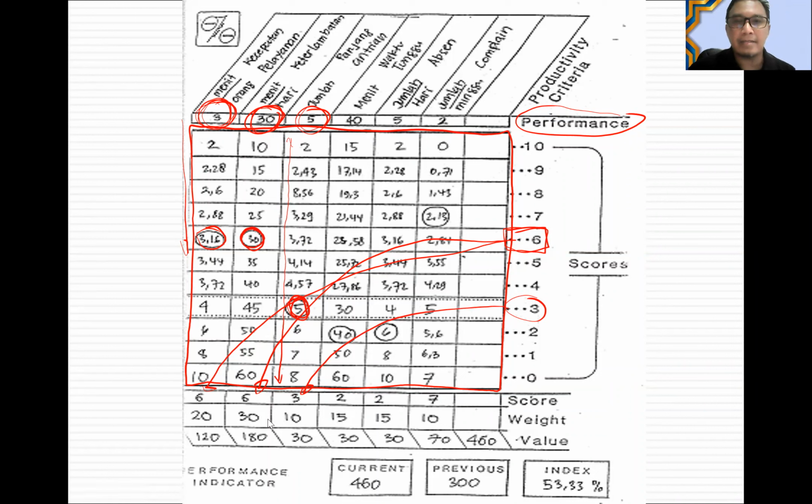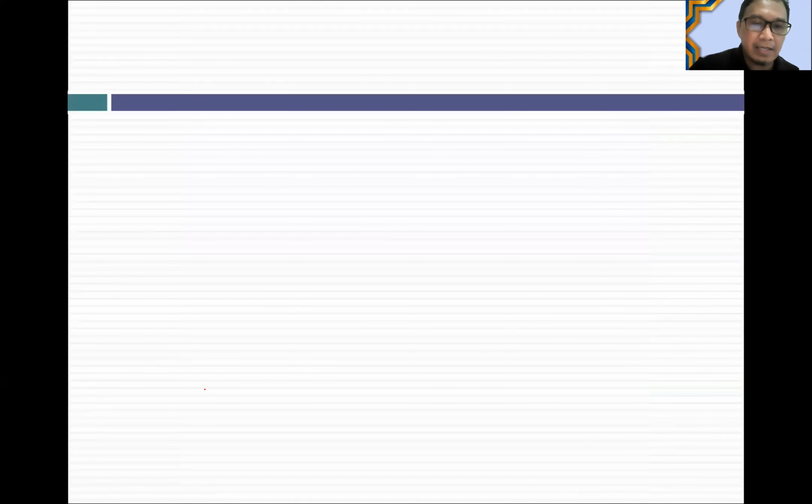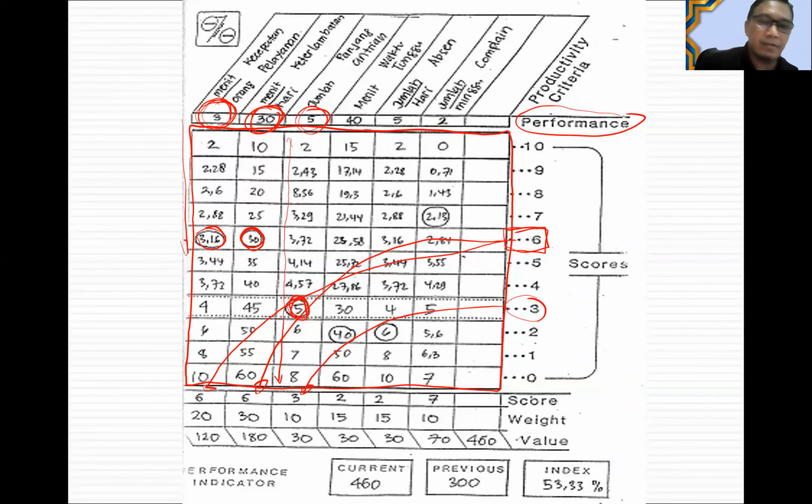And then the next step, after we determine all the scores, is to multiply the score by its weight. So this one is 6 times 20. This one is 6 times 30, which is 180. 3 times 10, 30. 2 times 15, also 30. 2 times 15, 30.